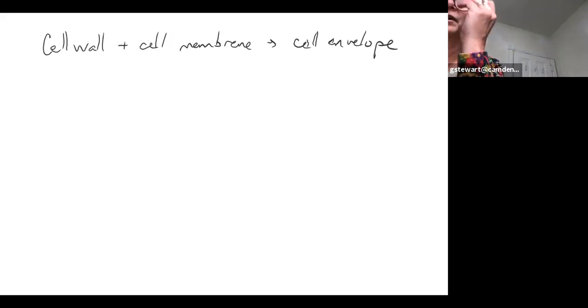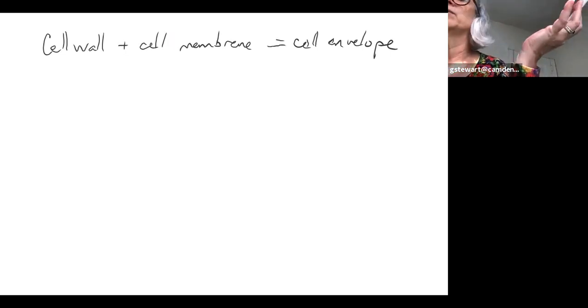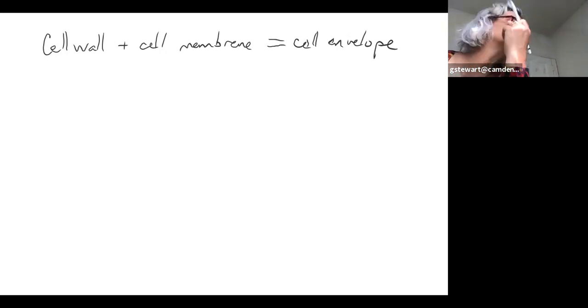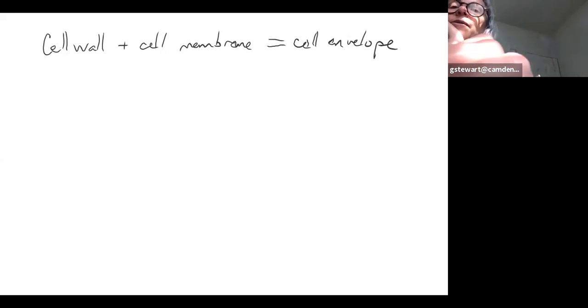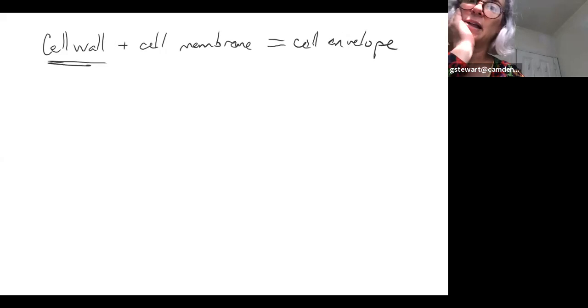And if I don't put it up here, you'll all just be like, I don't know what that means, which I totally understand, but it's annoying because no one I know ever used that word cell envelope, but whatever. Your book does, so we shall. That should be an A. Okay, so we're going to focus right now on the cell wall portion of the cell envelope.